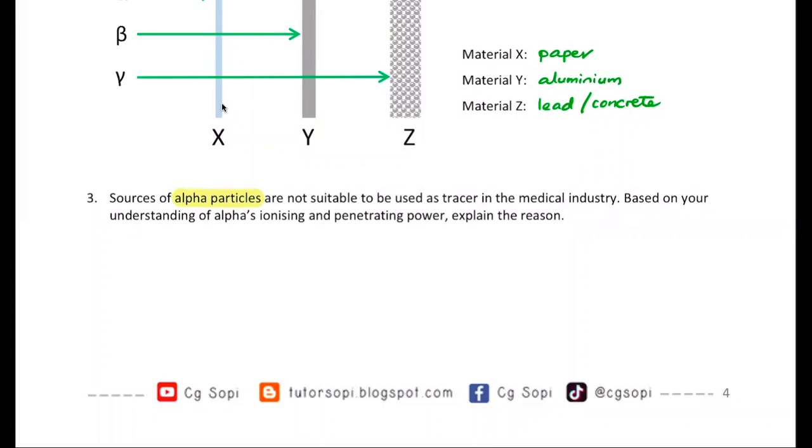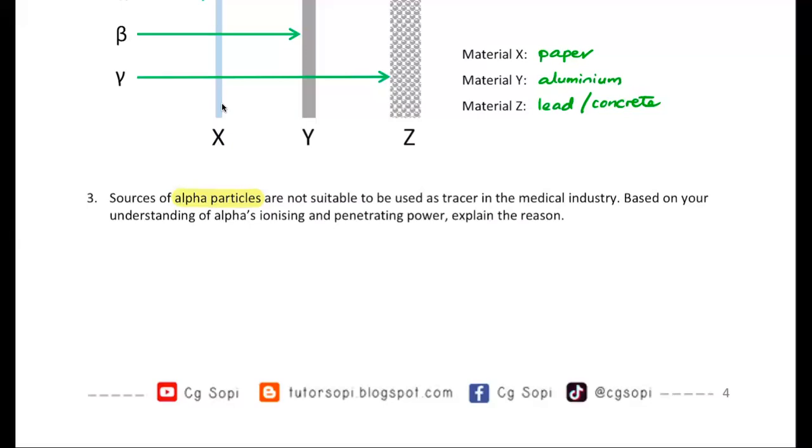So alpha, because it is a positive ion, when it enters our body into our blood system, it will be attracted to the negative ions in our blood system. And then what will happen is blood clot will happen, and then eventually the oxygen supply will be cut off and will not reach our brain. So eventually we will die because of the exposure to this alpha radiation. Okay, so that is one of its effects.